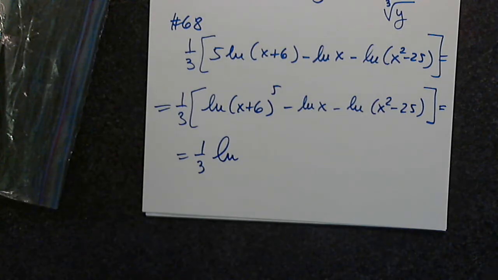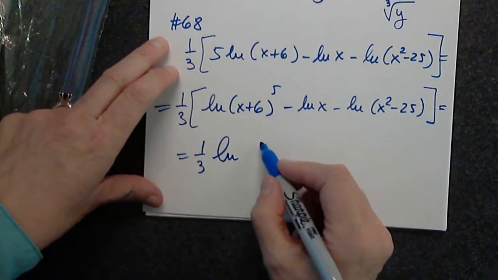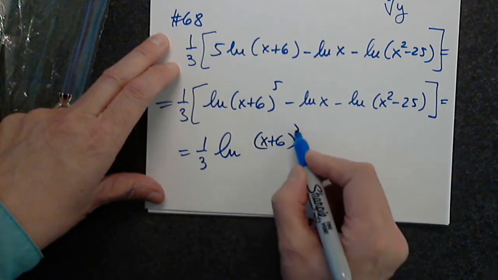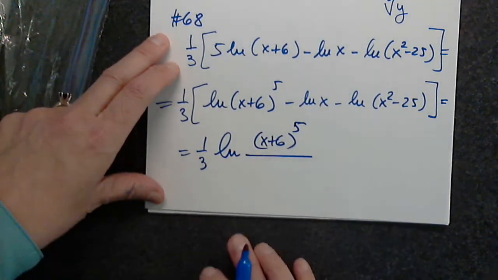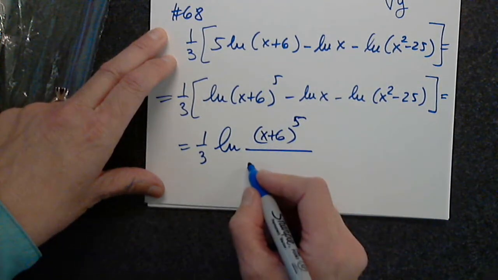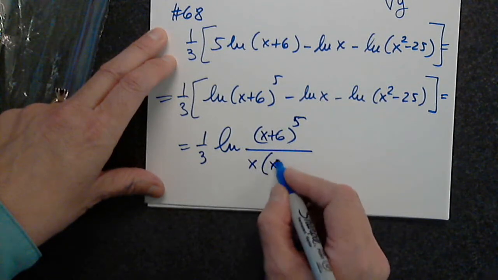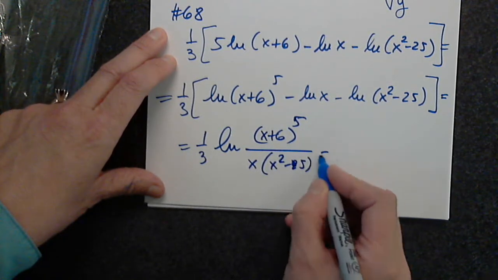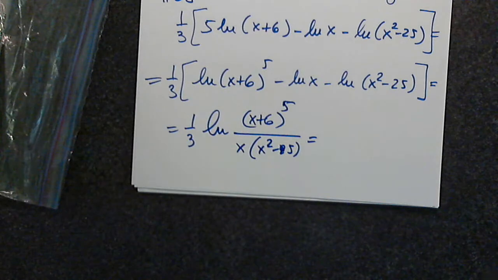We already established one factor is coming from the top and 2 from the denominator. X plus 6. Exactly. That's it. Of course. Now I want to take care of the number in front. What does that 1/3 mean? The cube root of the whole thing.